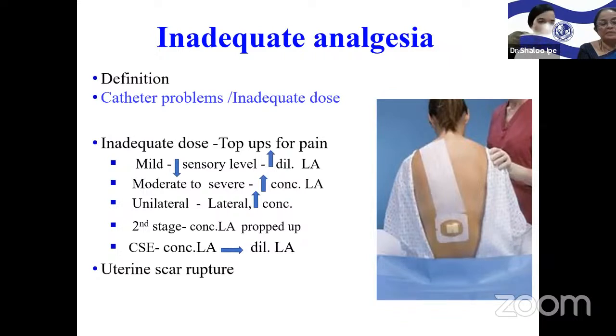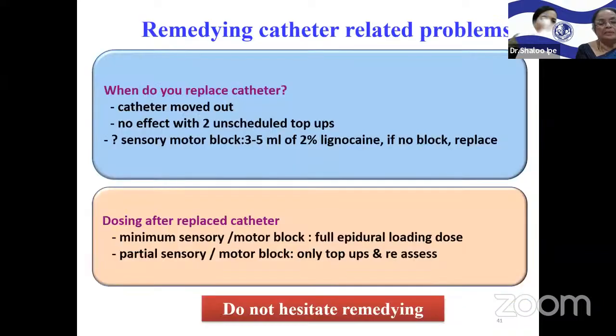In second stage, patient is propped up and a more concentrated local anesthetic is given. In CSE, after the spinal component has worn off, the epidural is topped up like in conventional epidural. A thing to note is that labor analgesia does not mask pain due to uterine scar rupture.